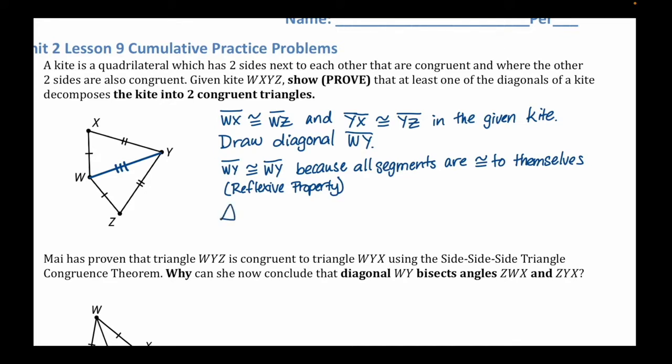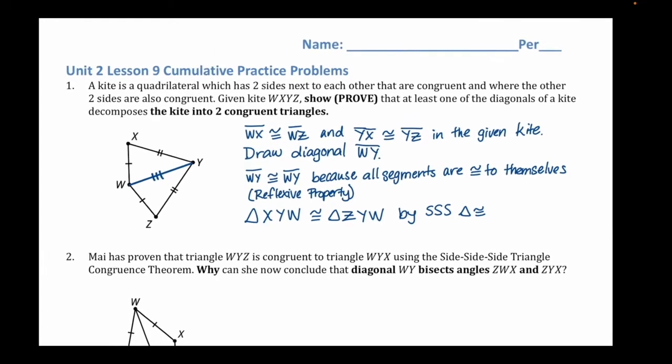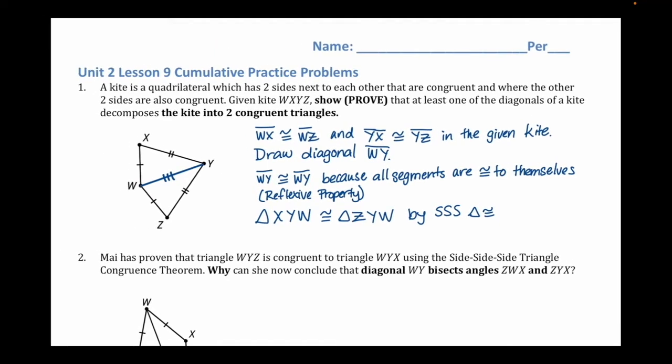We can say triangle XYW is congruent to, and since I started at X, that corresponds with the Z. So this is going to be triangle ZYW, by side, side, side, triangle congruence. And you could just say side, side, side, but technically it's the side, side, side triangle congruence theorem, so we're going to write that.